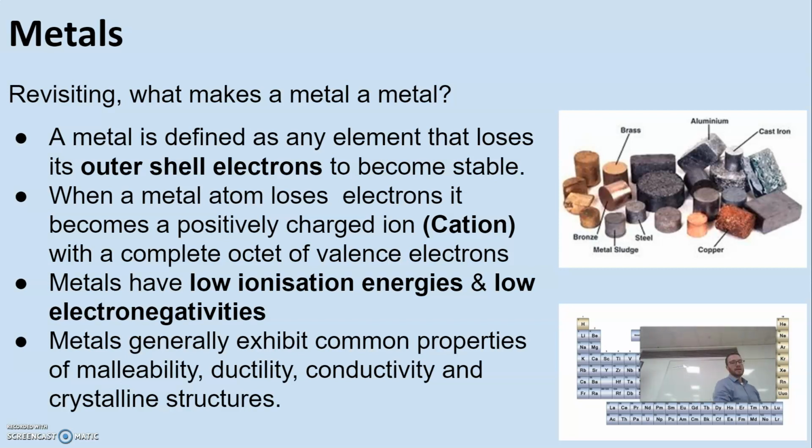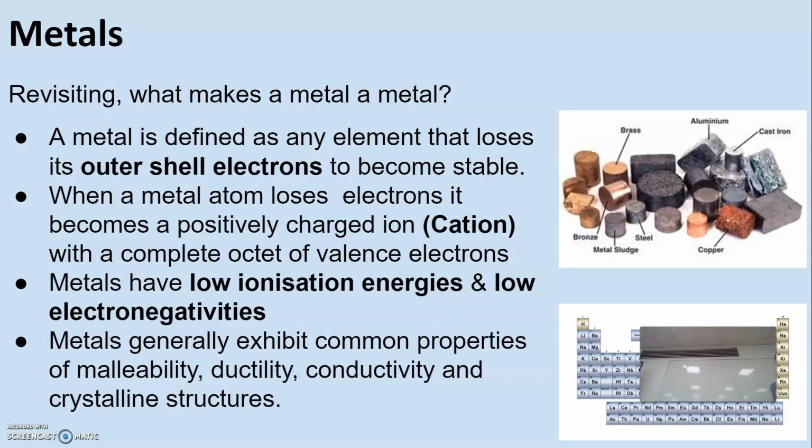The properties we look at are malleability, ductility, conductivity, which we've explored a little bit, and this thing called a crystalline structure. Crystalline and lattice go hand in hand. And what does lattice mean? We looked at that in ionic compounds.